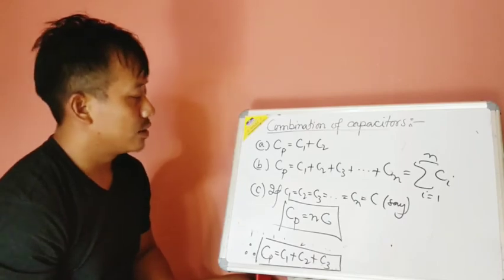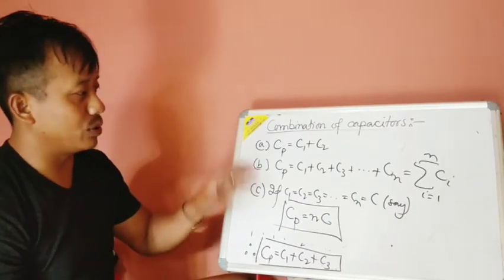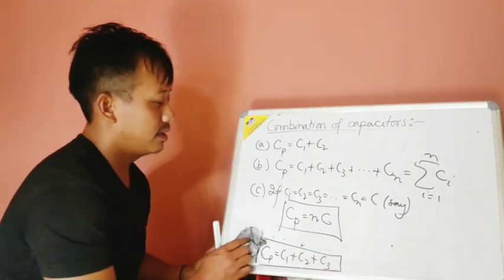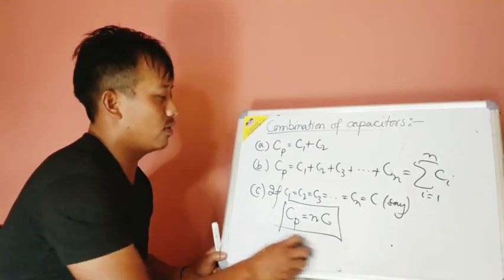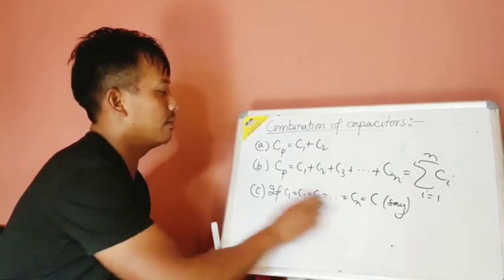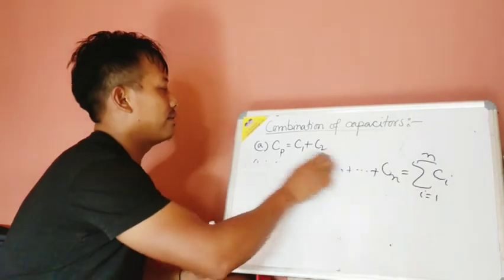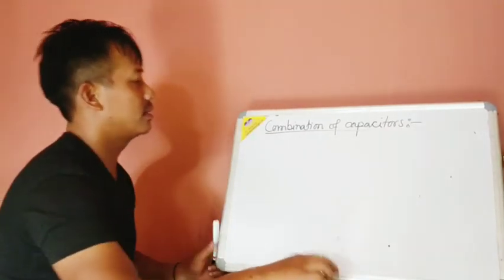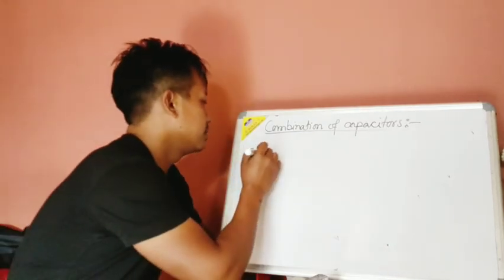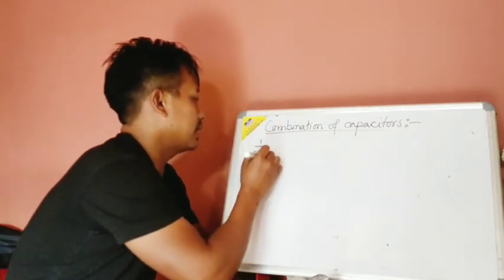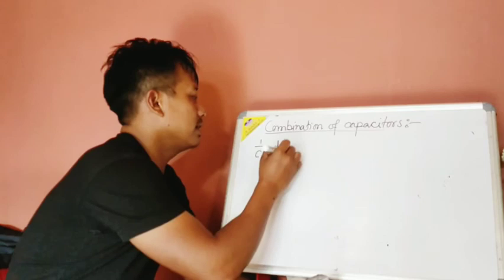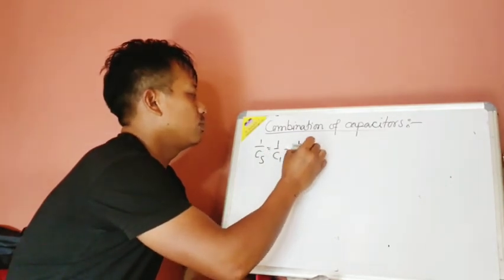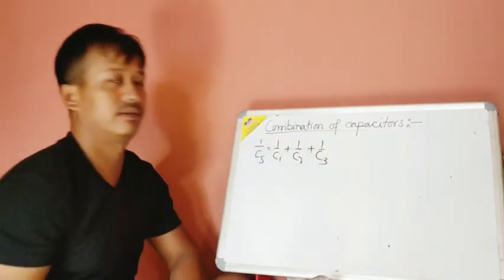So you have three formulas now which can be used to solve problems. What I want you to know is just the brief summary of both derivations, series combination and parallel combination. In series, 1 by Cs is equal to 1 by C1 plus 1 by C2 plus 1 by C3.